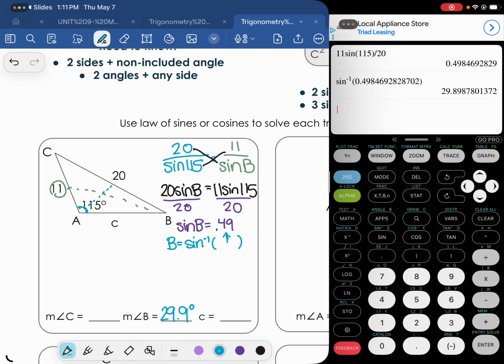Now I'm going to hang on just a second for side c, because I don't have enough information. If I don't know side c or angle C, I'm stuck because I don't have any pieces of that fraction.